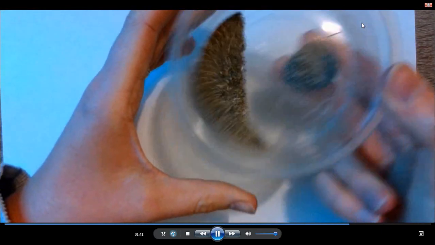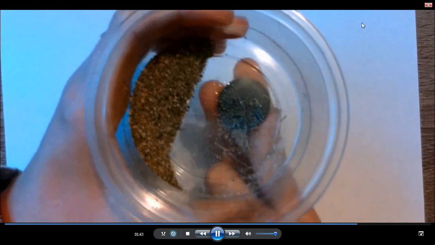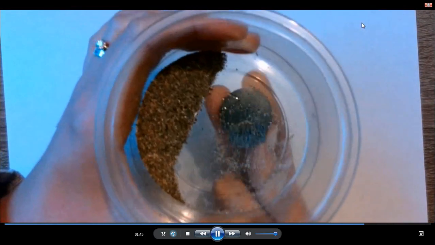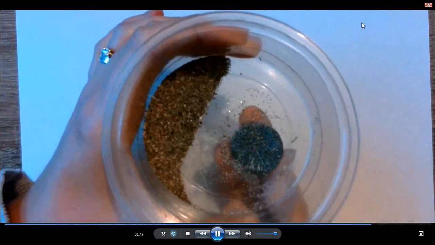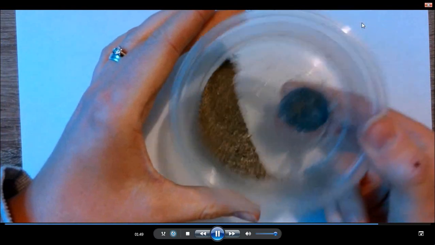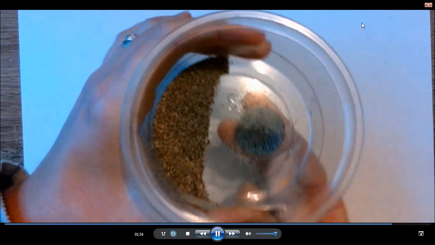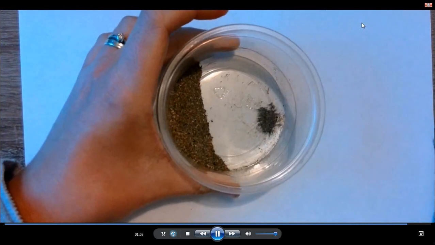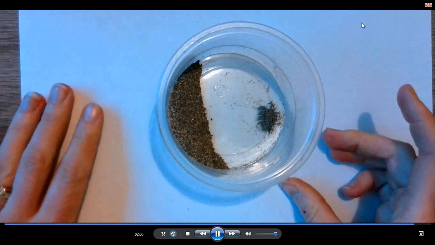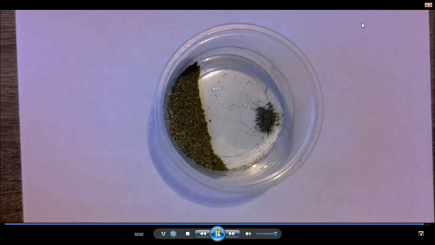Again, give it a bit of a shake off. So this is a way of separating two solids. So if the solid contains iron, you'd be able to use a magnet. Just shake it off a bit. It should be able to show you that we've separated the iron from the sand.